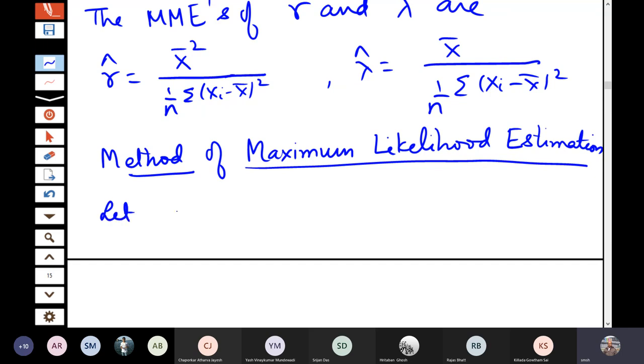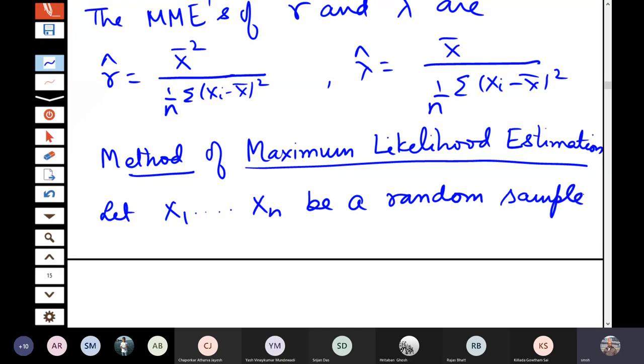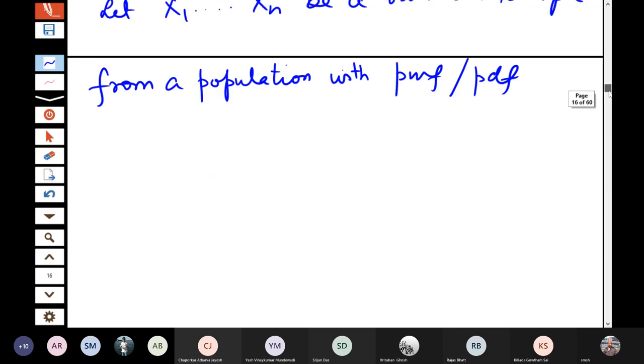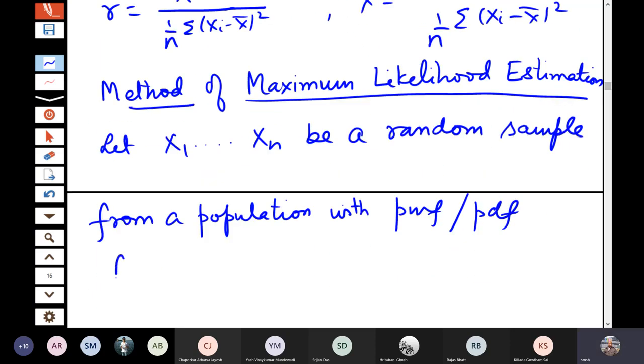So let x1, x2, xn be a random sample from a population with PMF or PDF f(x, theta), where theta is say theta 1, theta 2, theta k.